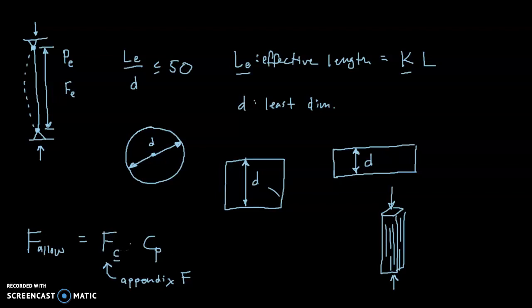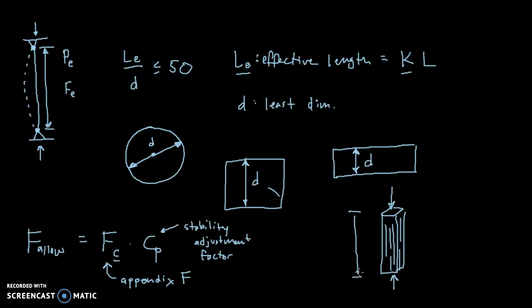Now, it's not just that. We're also taking that value and multiplying it by this C sub P, which is a stability adjustment factor. So basically, the stability adjustment factor is based on how slender the column is.